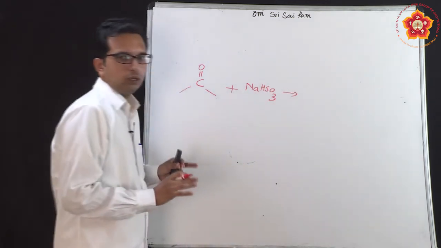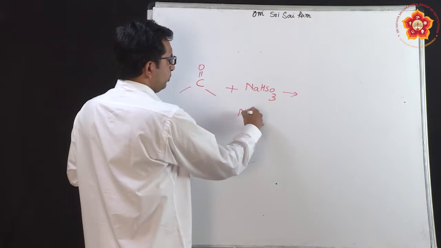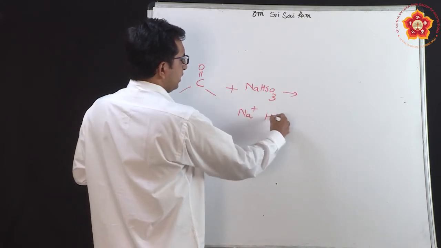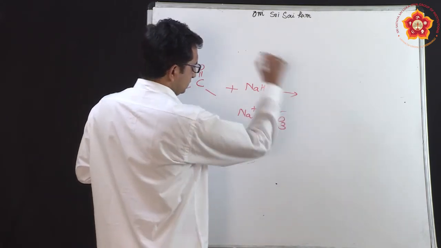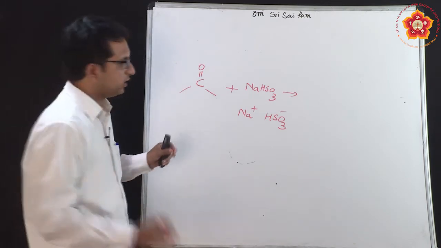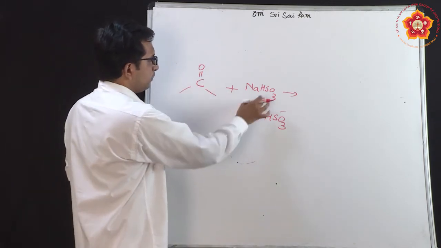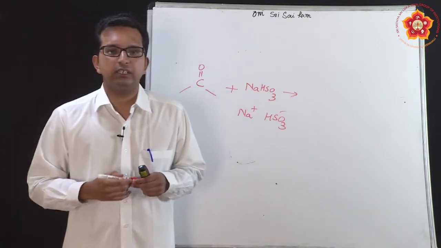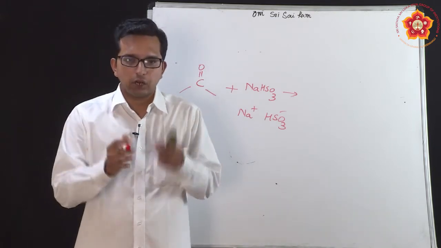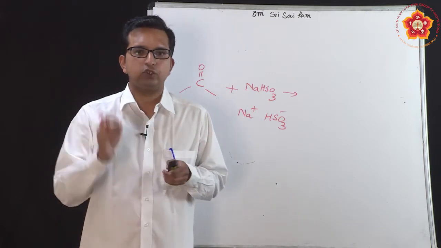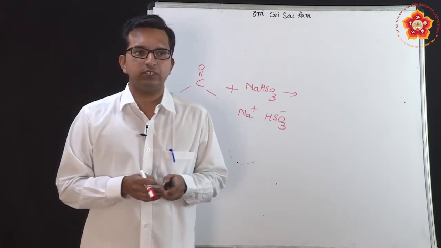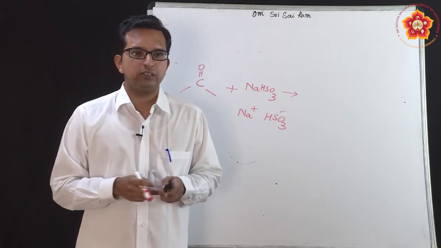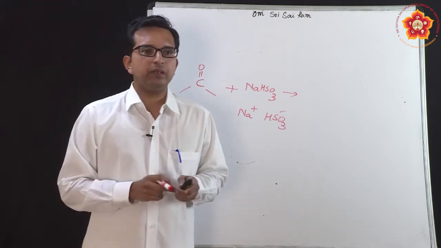Here also we know very well that splitting will be into Na plus and HSO3 minus. So, what should be the reaction here? HSO3 minus should attack the carbon, Na plus should attack the oxygen. That is what we are able to see here in the product, that this sort of a system will form where the sodium ion will go with oxygen and this HSO3 minus will combine with the carbon which is there.